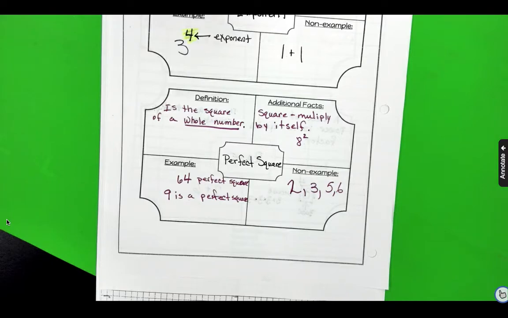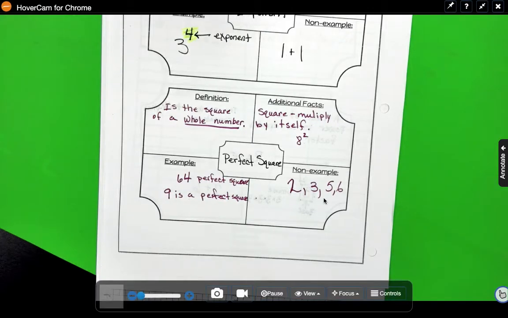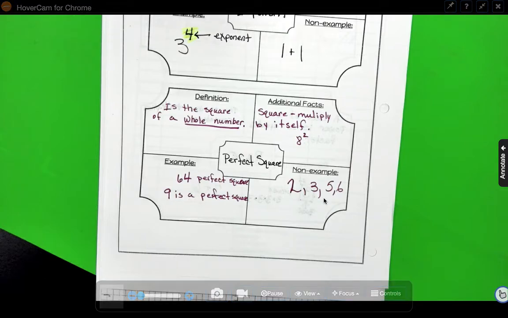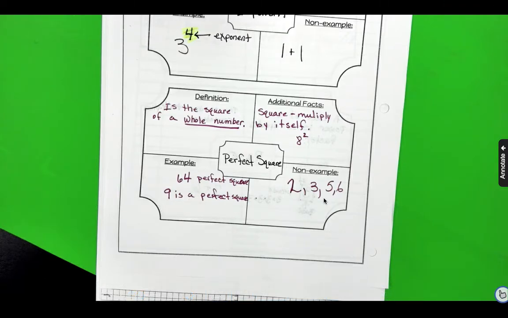It tells me a perfect square isn't always even, because these two even numbers are not perfect squares. It's not always prime either, because 6 isn't a prime number, so that doesn't play into it at all. Okay?